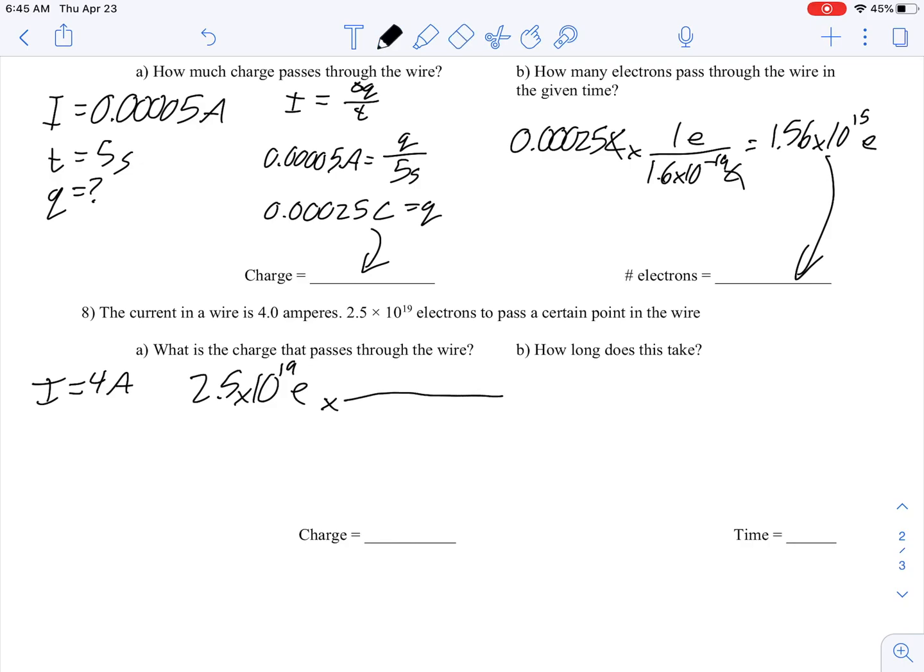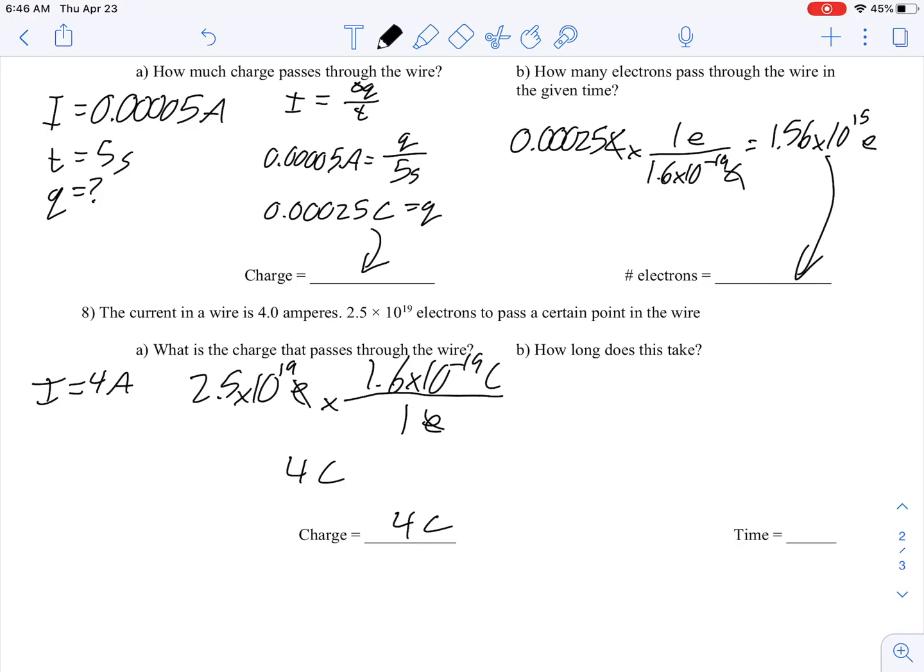We want coulombs, so coulombs go on top. So we have 1.6 times 10 to the negative 19 coulombs over 1 elementary charge. And if we multiply across, we get 4 coulombs as our charge.